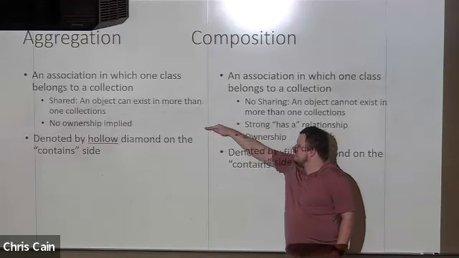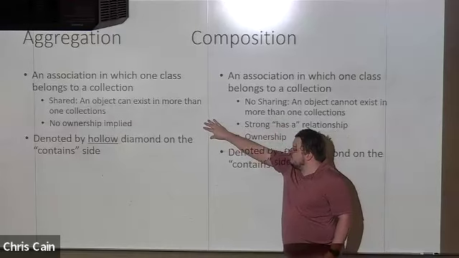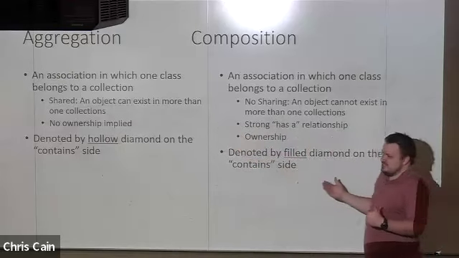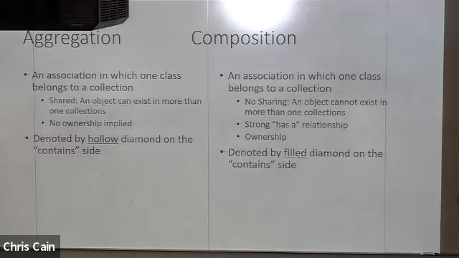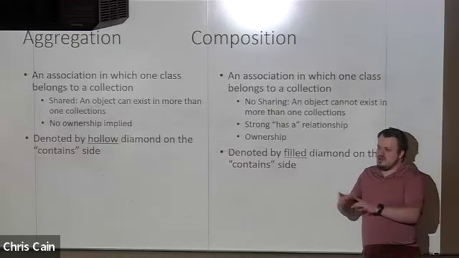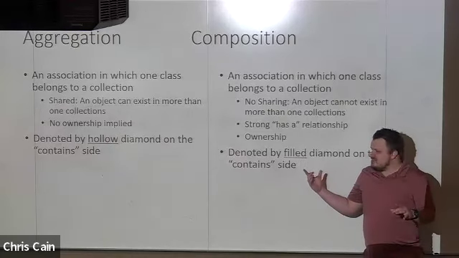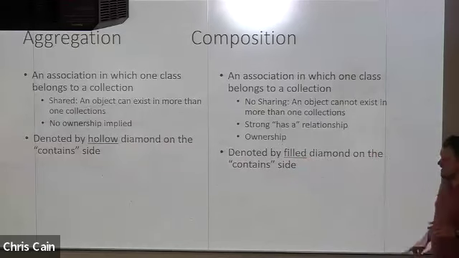And the most important thing for distinguishing this, no ownership is implied in this directionality. So the container does not own its containees. If you're going to make a relationship arrow between these 2 classes, you're going to have a hollow diamond on the contains side.